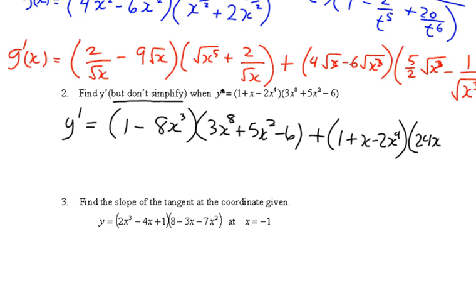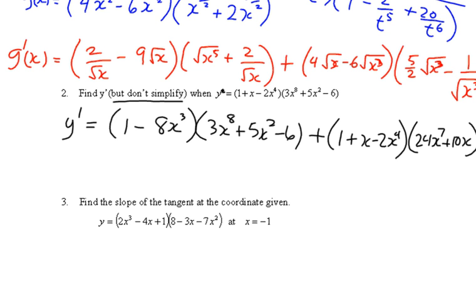And the derivative of x^8 is 8x^7, right? So 8 times 3, 24. And here we got 10x. And done. So if no simplification is required, you're already done. Derivative of the first bracket, write down the second bracket. Write down the first bracket, derivative of the second bracket. Done.